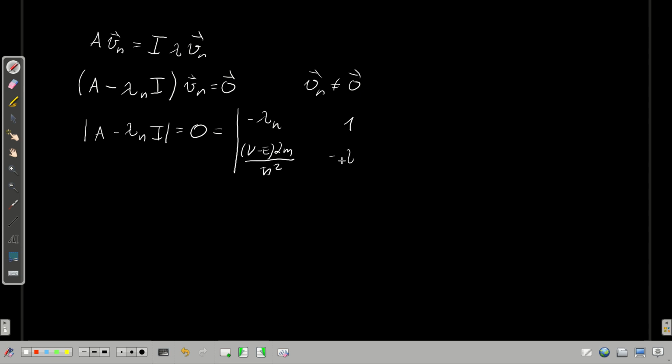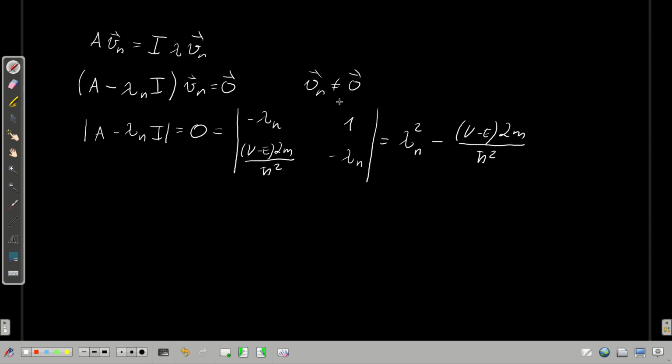Here it's also minus lambda n. So we can calculate this determinant. It's lambda n square minus V minus E to m over h bar squared.